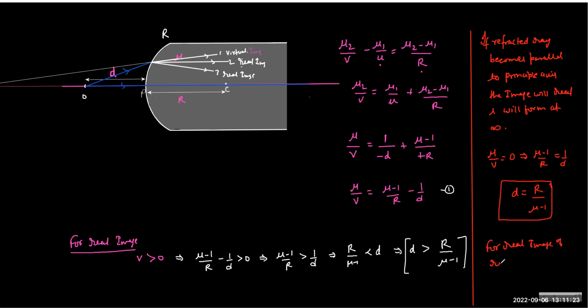So combining these two, we can say for a real image of a real object by a convex surface. How do we say it is a convex or concave surface? We see from the object side. From the object side, if you look at the interface, does it look convex or concave?